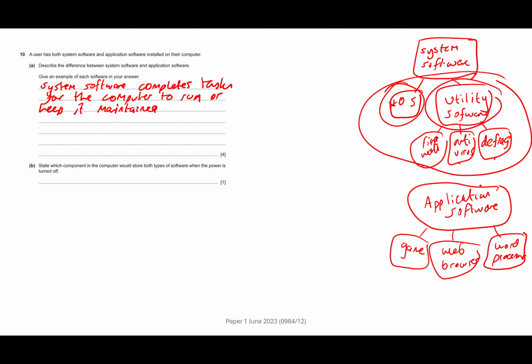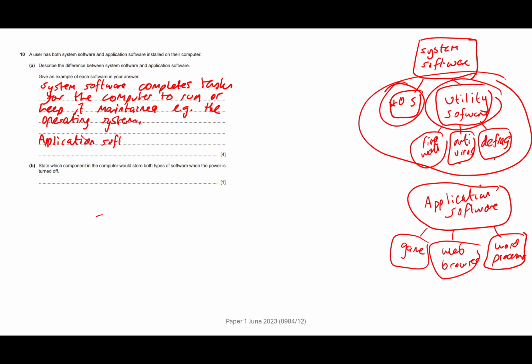So we need to give an example in our answer. So we can say e.g. the operating system, or we can say utility software. So I'm going to say the operating system. Now we have application software.